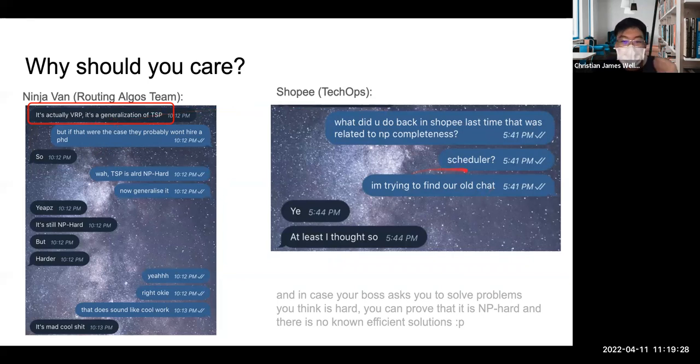And my friend at Shopee was in the tech ops team, and I think he did something like a scheduler that is NP-complete. So if one day your boss gives you a problem, and you somehow show a reduction and prove it's NP-complete, you can tell your boss, hey boss, this problem is actually super duper hard. No computer scientist has come up with an efficient solution for this. So maybe this is why you should care about P versus NP, and this whole study.